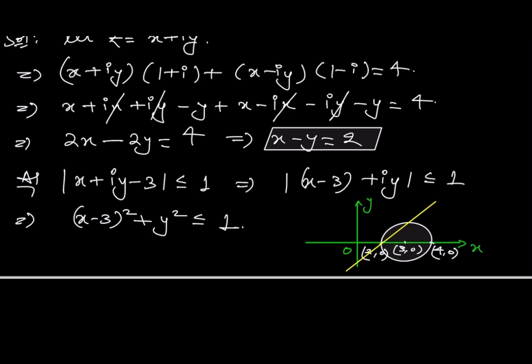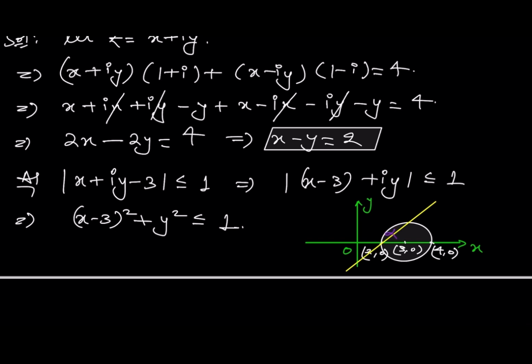Okay, so now according to the question, this line is making two parts with the circle. Any one of these two parts is alpha and the other one is beta. So say for the time being, the smaller part is alpha.